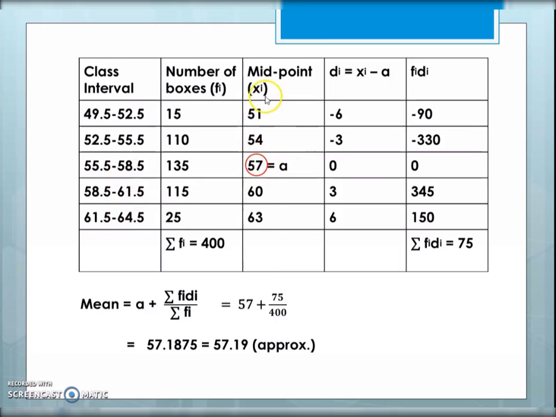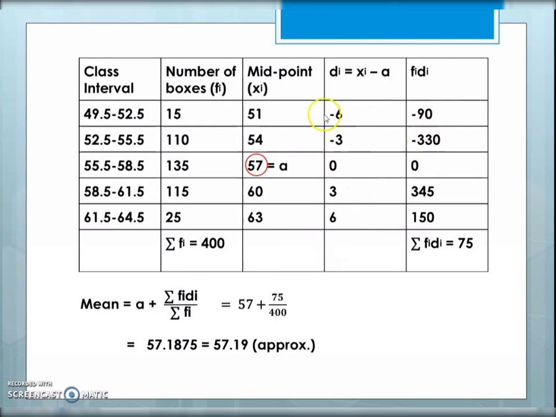Then these are the midpoints, that is xi values. Out of these 57 I will take as the assumed mean A. Then di values are got as follows: -6, -3, 0, 3 and 6. This is xi minus A, that is di values.